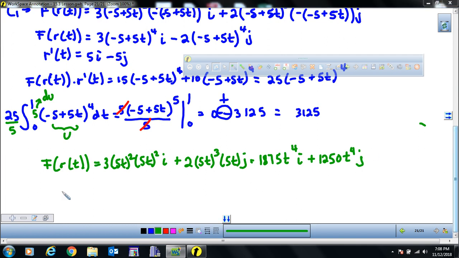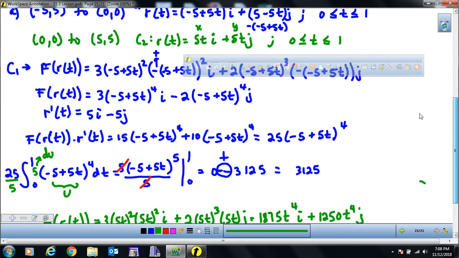Now we need to get the derivative of my parametrization vector. The derivative would be 5i plus 5j.